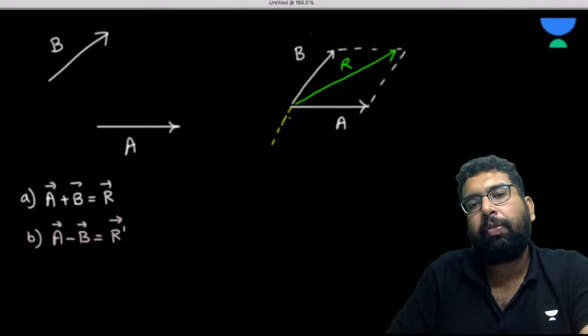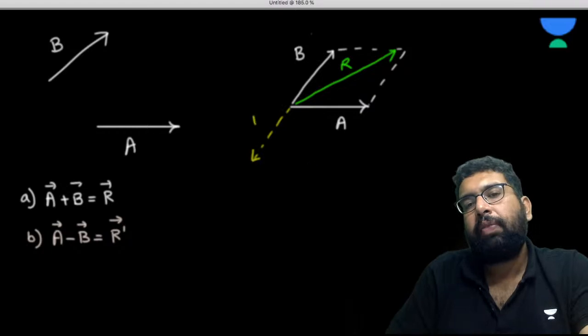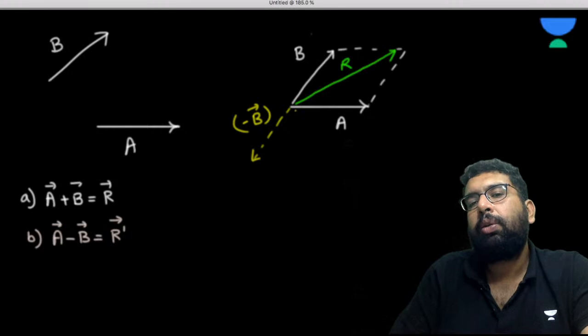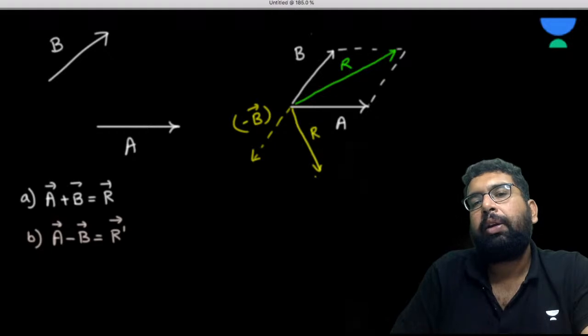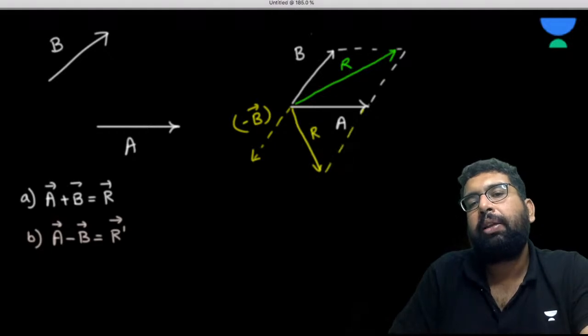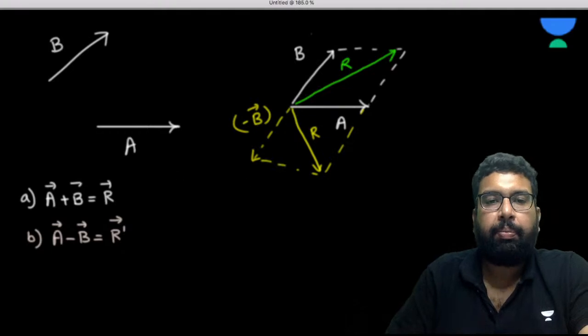This is the negative of vector B. So minus B makes no sense, but when I put the vector sign, then it makes sense. So this is going to be the resultant of it. Do you agree or not?